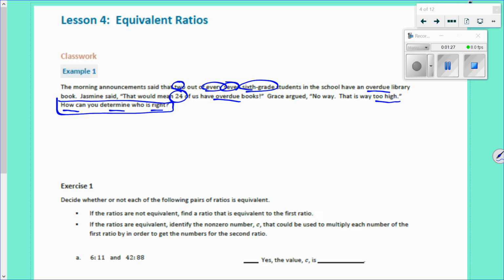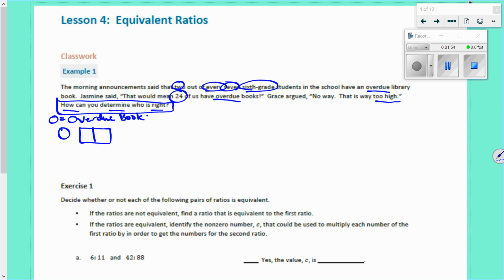So the 2 is going to go on top. And what does that 2 represent? What do we know about them? Overdue books. So I'm going to use an O, which is always dangerous because it looks like a 0, but that's part of why we define our variables, right? So O is the overdue books.